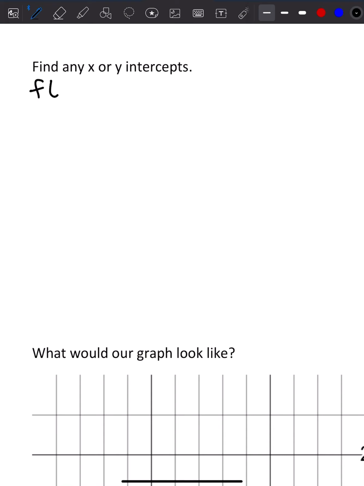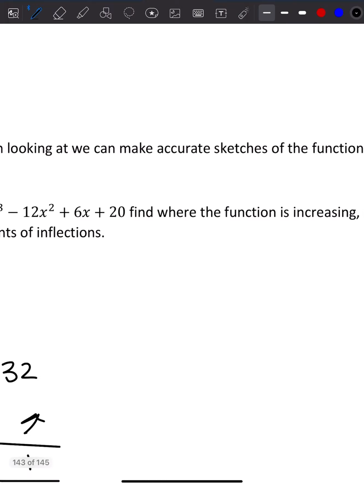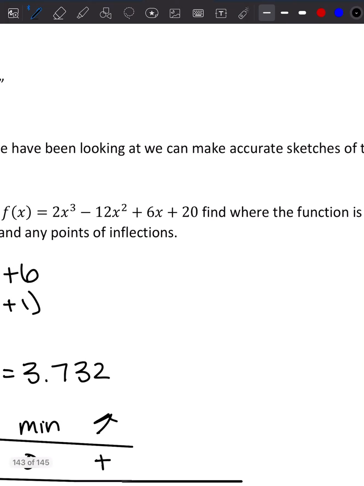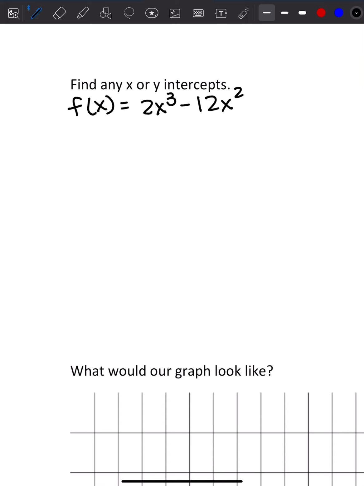Our original function is 2x cubed minus 12x squared plus 6x plus 20.